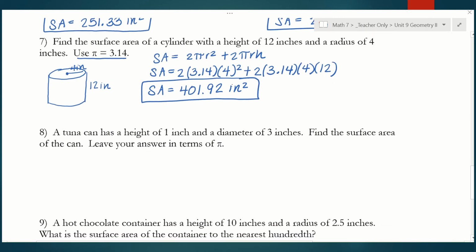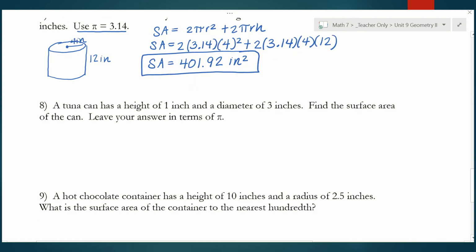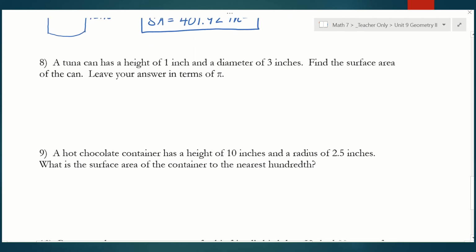Okay, number 8. A tuna can has a height of 1 inch and a diameter of 3 inches. Find the surface area of the can. Leave your answer in terms of pi. I wasn't sure if I gave you one in terms of pi, but I did. So let's try this out. First thing I'm going to do is draw my tuna can. Tuna cans are usually pretty short, right?